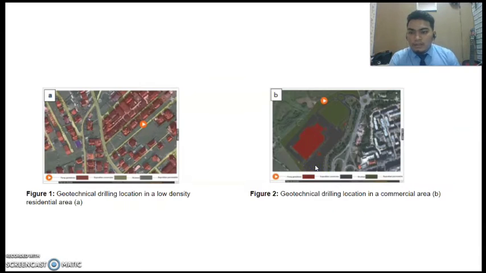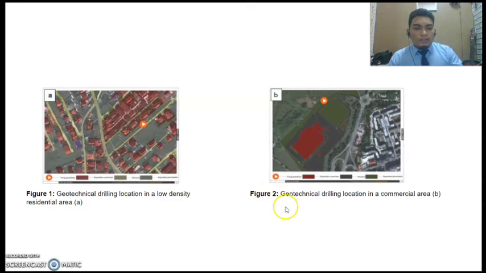As we can see in figure 1, it shows the location of the geotechnical research work, which has 4 types, 4 places. The first one, figure 1, A, we call it A, is the geotechnical drilling location in a low density residential area, which is the place where they did the research.